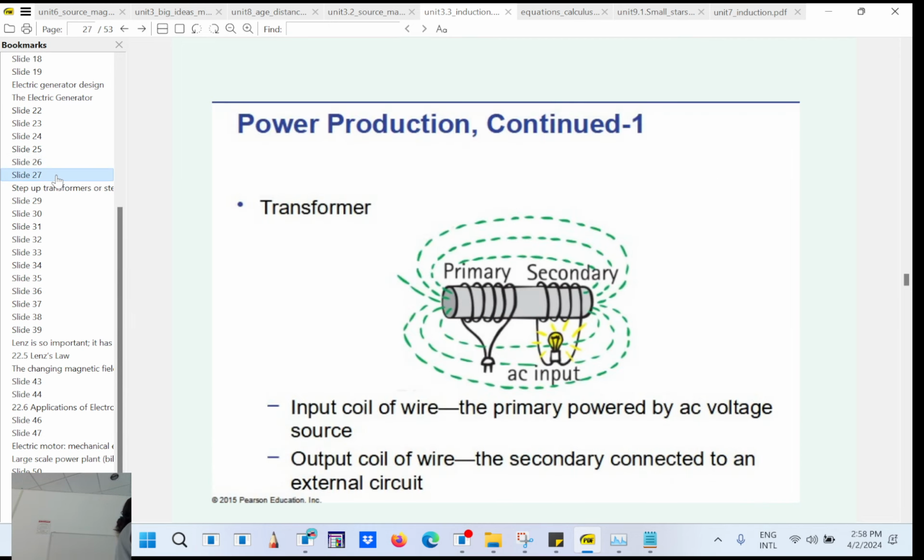That's how we can produce electricity using magnetism. So I'm going to try to show you some demo. I don't know if it's going to work. Let's see if you can see.